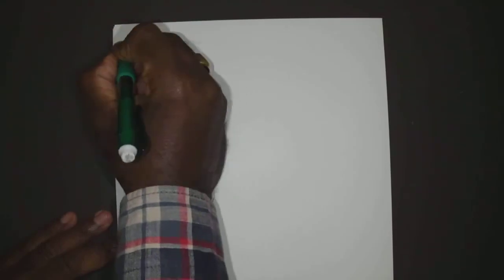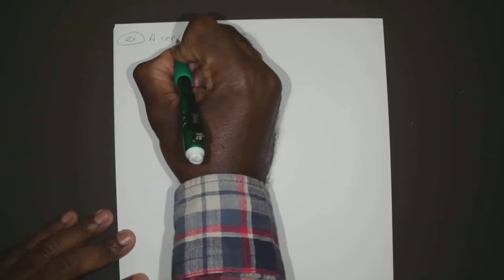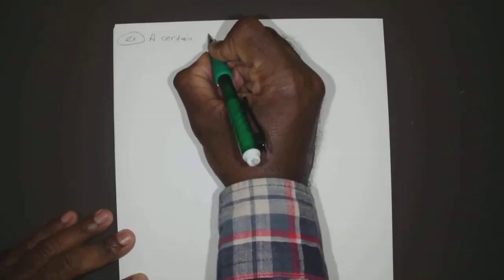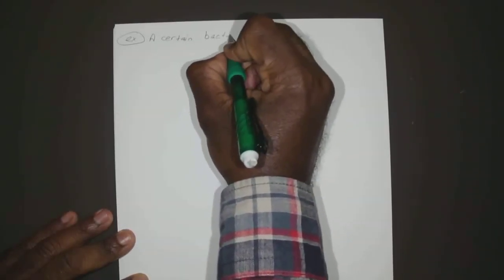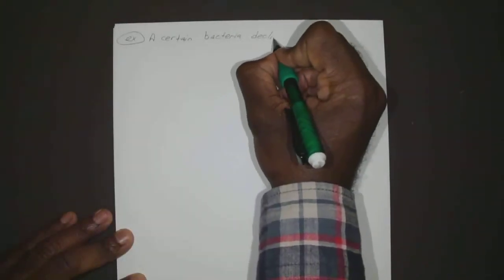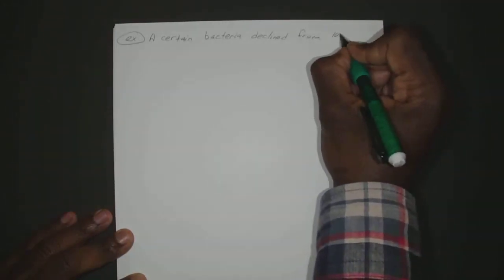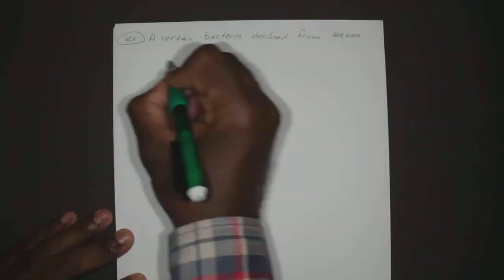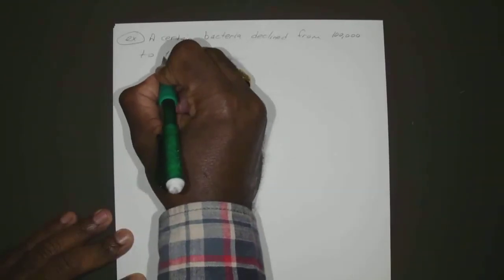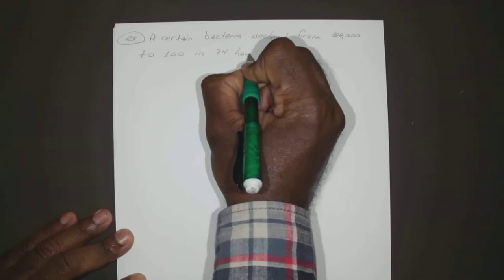All right. Now let's start with our example. What if you have a certain bacteria that declined from 100,000 to 100 in 24 hours.